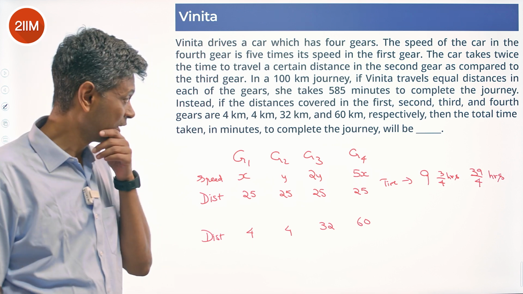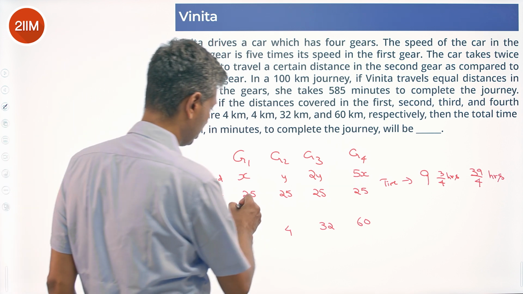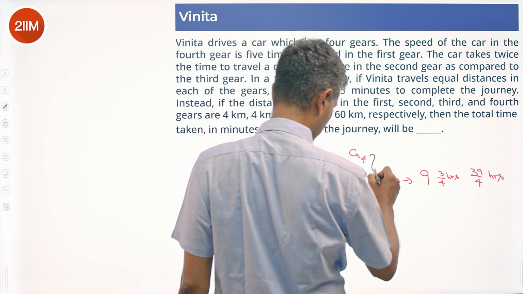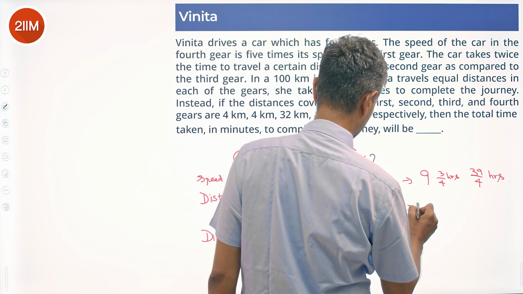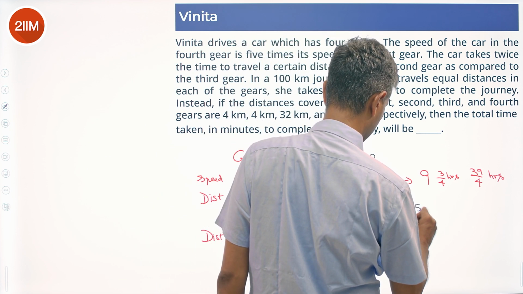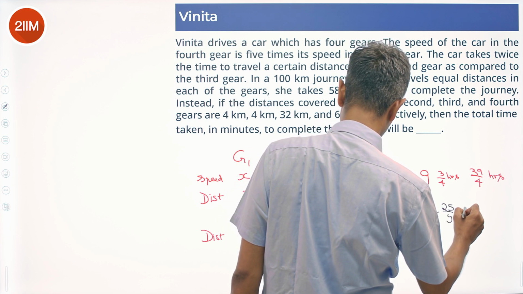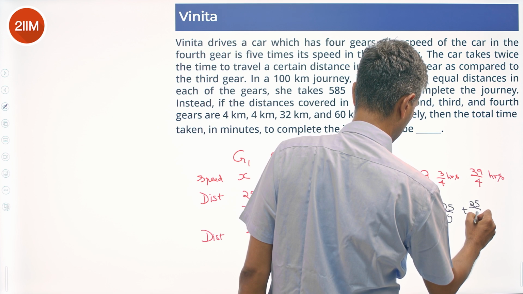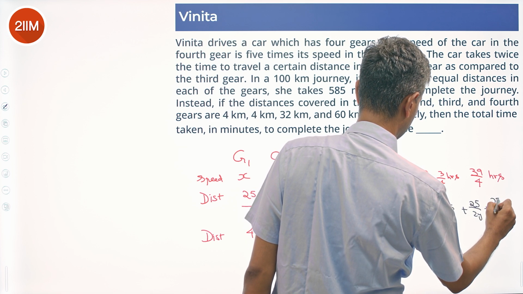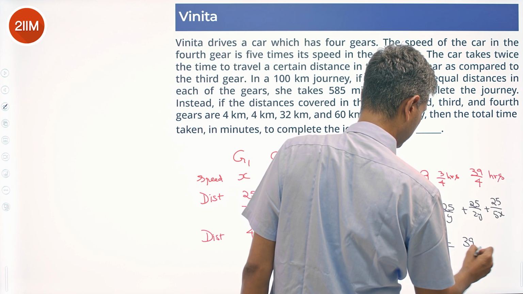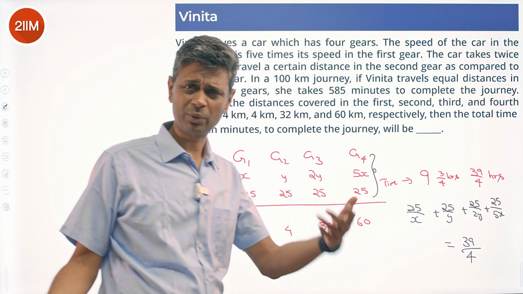It's a little weird, because I know that with this, we can frame a beautiful equation: 25 by x, distance by speed, plus 25 by y, plus 25 by 2y, plus 25 by 5x is equal to either 39 by 4 or 585, whichever one works for us.